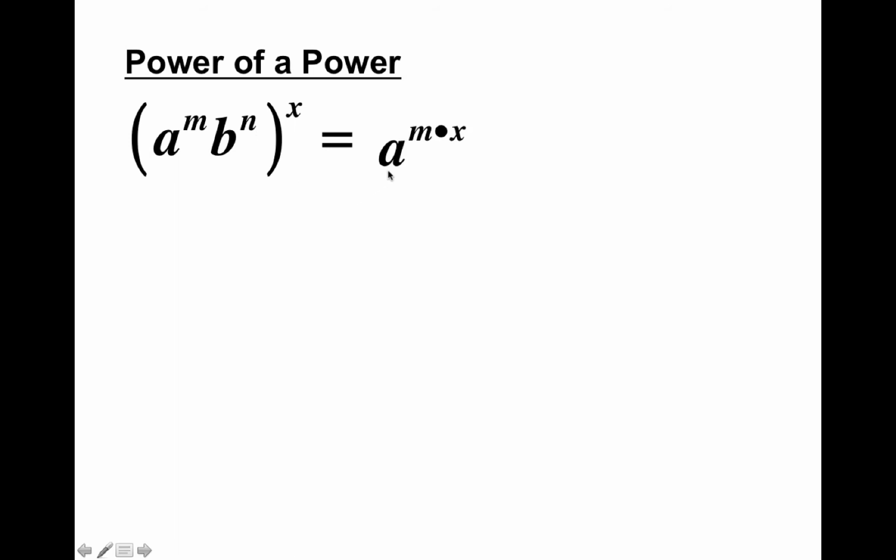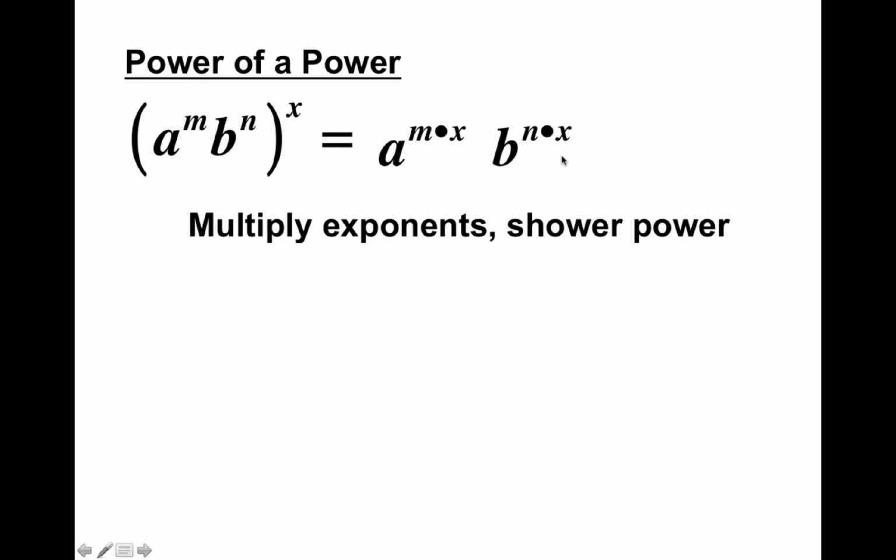So it's a to the m times x, b to the n times x. So you're multiplying the exponents by sharing the power. This only works when you don't have a plus or minus inside the parentheses. So in the examples, we don't have a plus or minus, so we can go ahead and share the power.